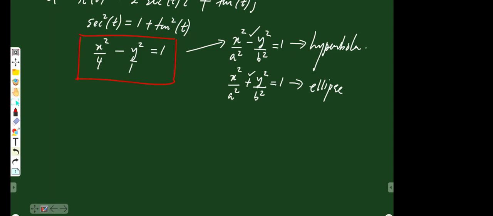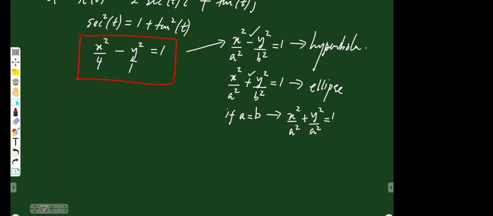Then, if a is equal to b, then this will be x squared divided by a squared plus y squared divided by a squared is equal to 1.